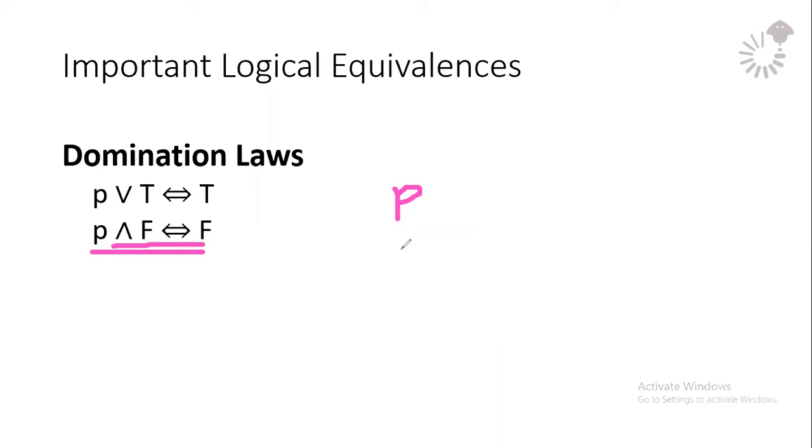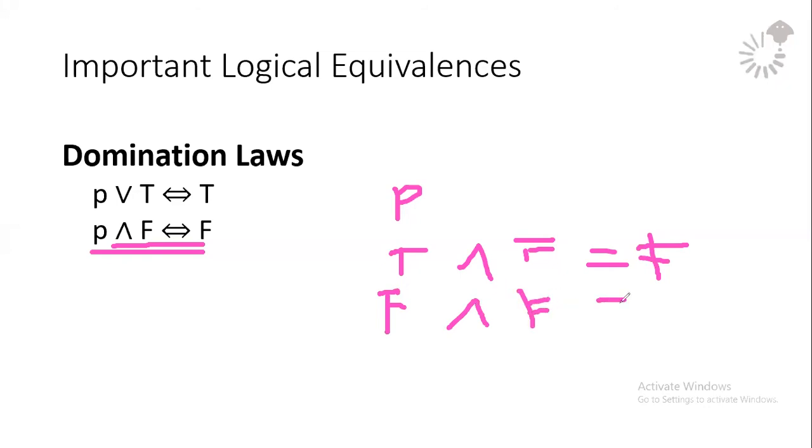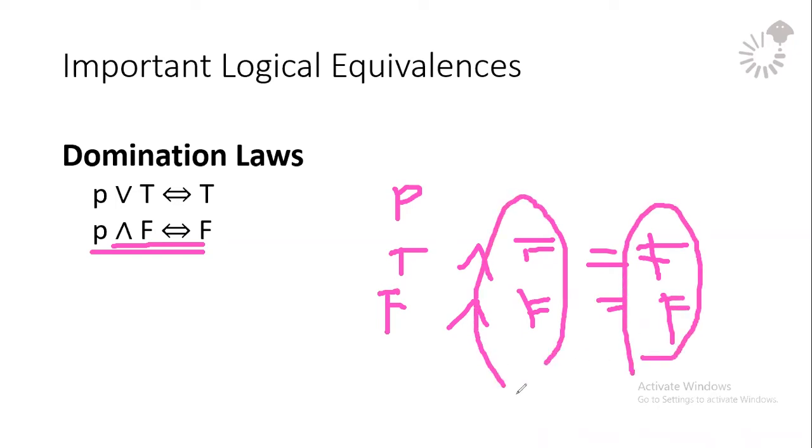So if you check, if the value is true, in conjunction with false, the answer is false. If the value of P is false, in conjunction with false, the answer is false. Because the dominating value of and is false. Domination law. Okay? Next.